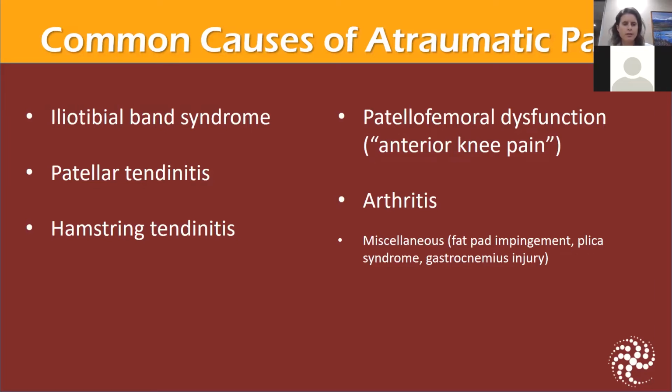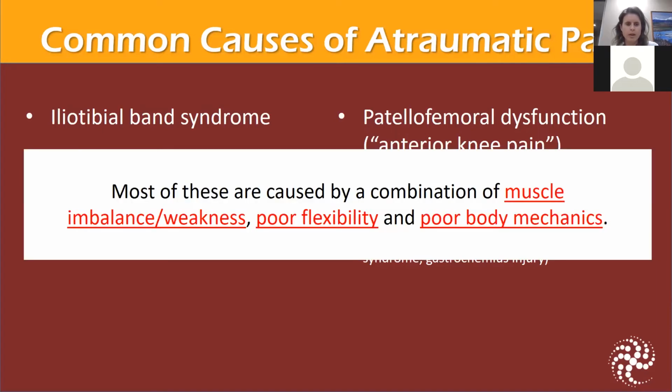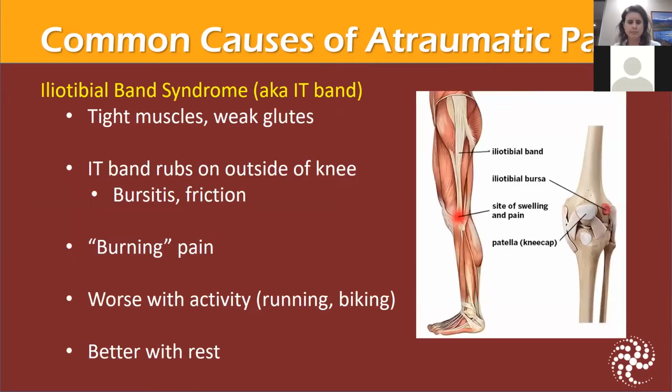But iliotibial band syndrome is quite common, patellar tendonitis, hamstring tendonitis, and then patellofemoral pain dysfunction or anterior knee pain, which we'll dive into, and then arthritis, of course, is very common. Obviously, some of these are not necessarily due to this, but most of these issues are caused by a combination of muscle imbalance or weakness, poor flexibility, and poor body mechanics.